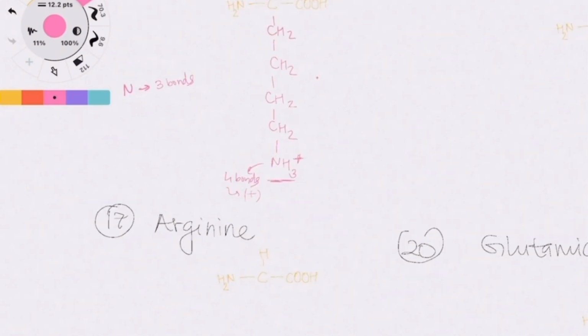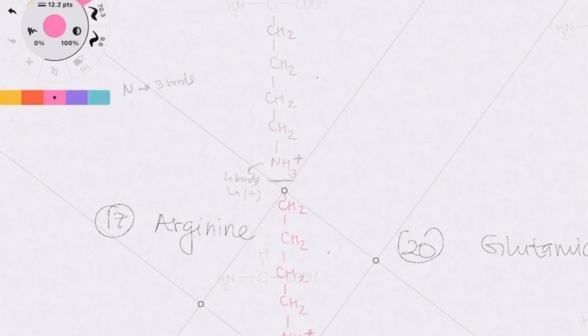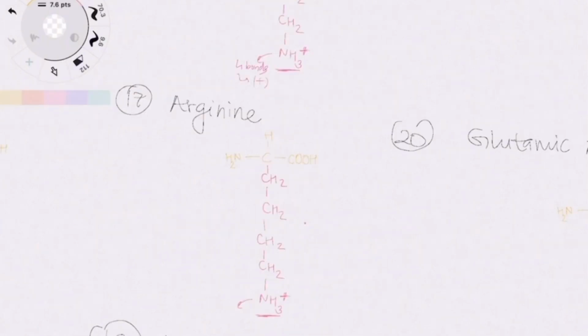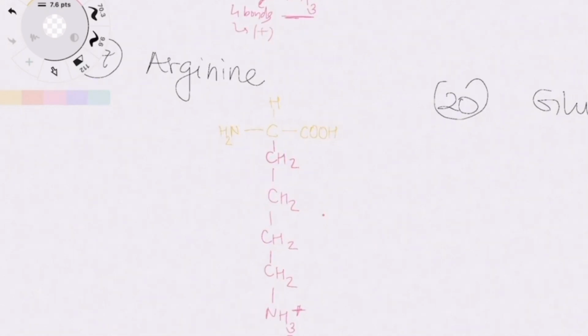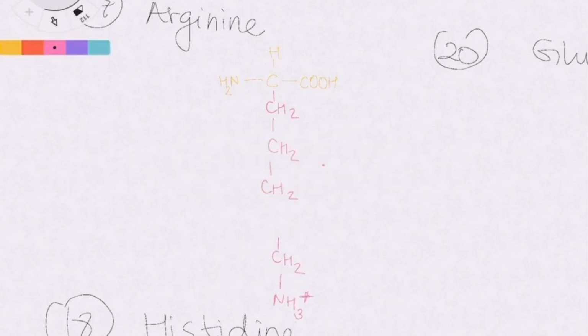Next, we have arginine. It's going to have the same side chain as the previous amino acid, but what's different here is that arginine has 3 nitrogen atoms. So what we're going to do here is it has 3 nitrogen atoms attached to the very last carbon of the arginine group. So that would be carbon 4.